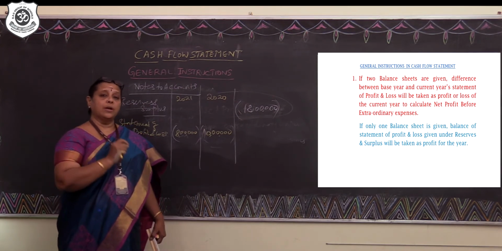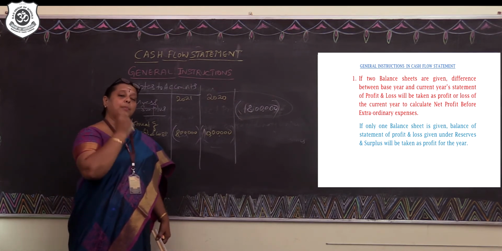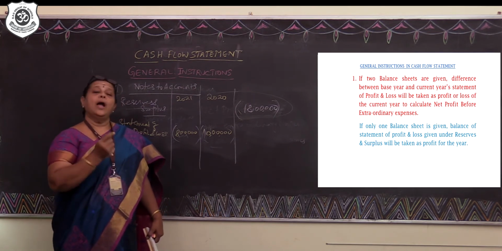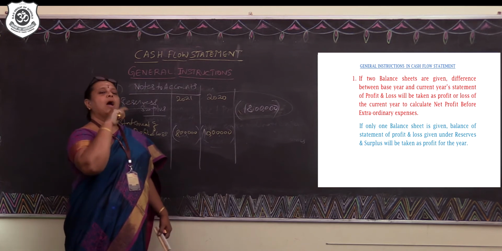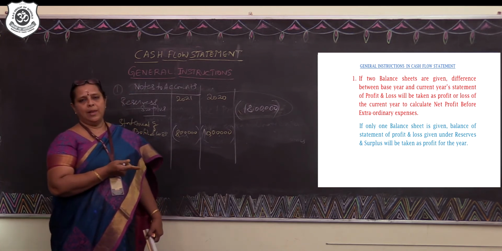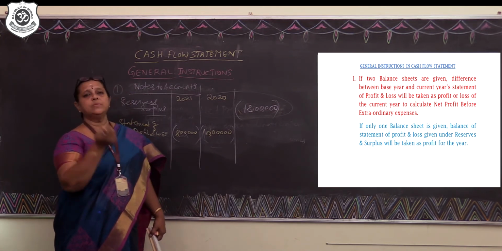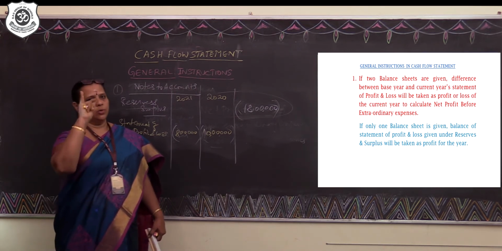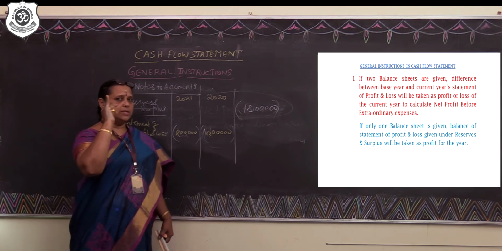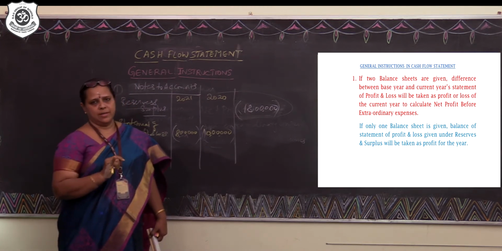So that means after covering the loss of the base year, the profit is so and so. And it is the other way around, when current year is an unfavorable balance and last year is a favorable balance, minus minus, so it becomes total minus. So it is totally unfavorable balance. So this is the care to be taken, first instruction to be taken into consideration.